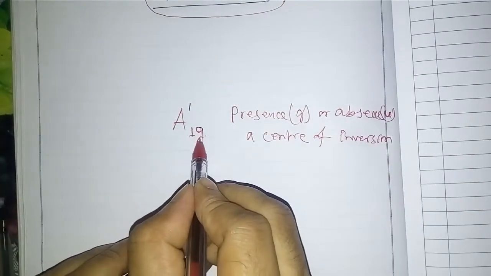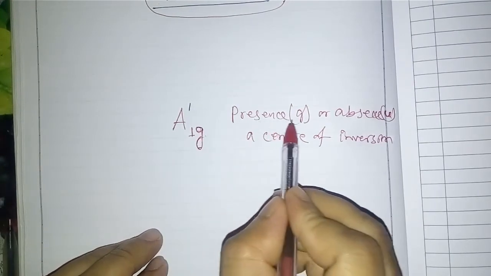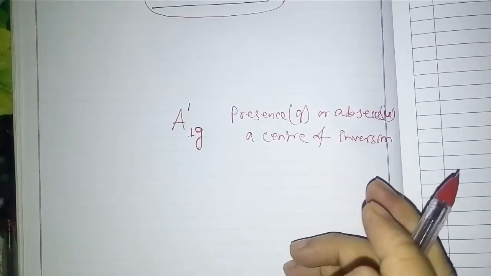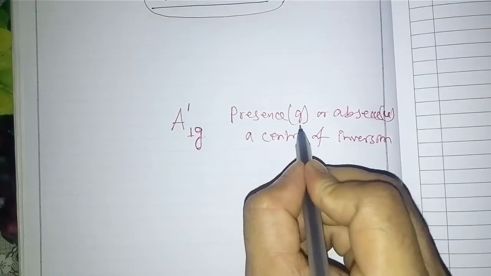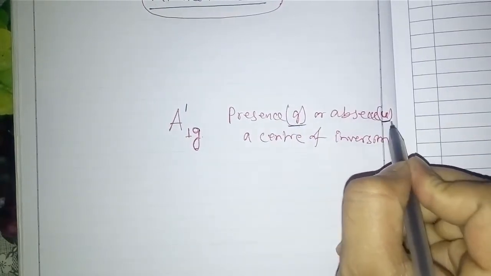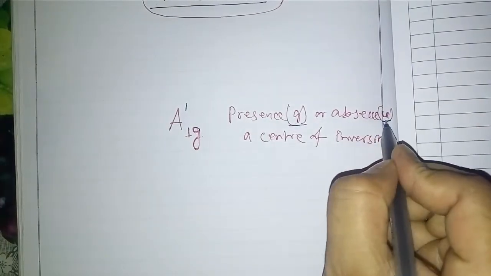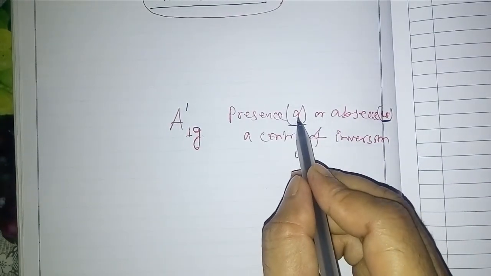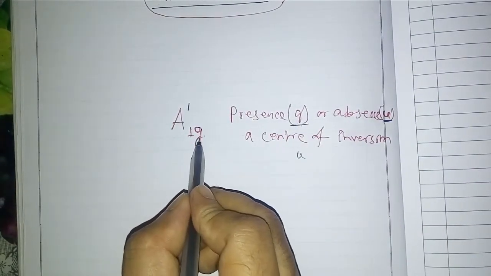That means this g is called presence or absence of a center of inversion. That means if a center of symmetry is there, you can use this g, otherwise you can use u. If a center of symmetry is not present, you have to use this u, and if a center of symmetry is present, then you can write g. Okay, this g.